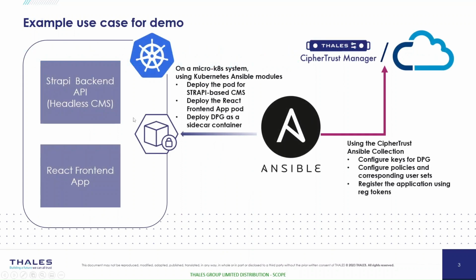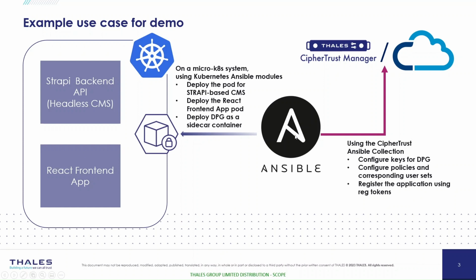So this is the use case that we have been following. We have taken a MicroK8s Kubernetes system on Ubuntu, and we deployed through the deployment.yaml file the STRAPI backend application as well as the React front-end application.